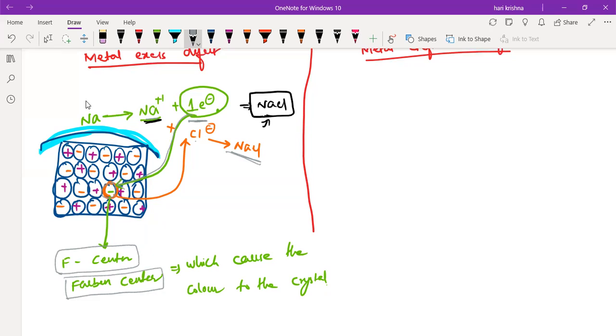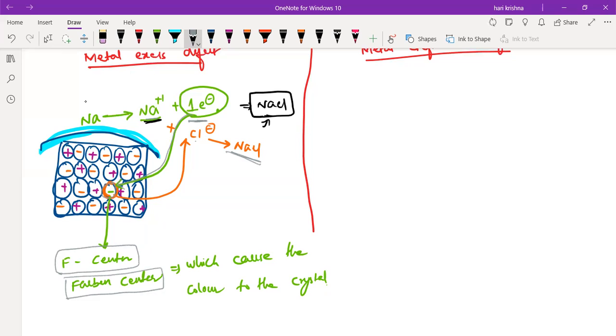F center is nothing but the anionic site of the lattice point which is occupied by the electron. Whichever anionic site is occupied by the electron inside the crystal is called an F center.